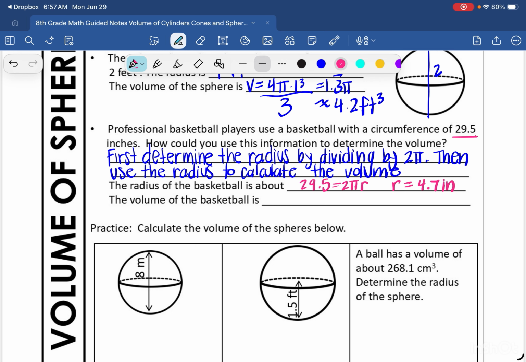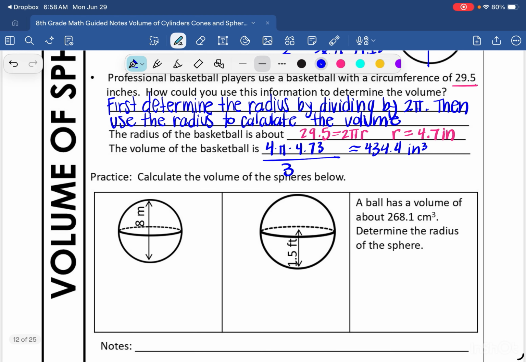I can now calculate the volume by using the formula for the volume of a sphere, which is 4 times pi times my radius, which is 4.7 cubed, divided by 3, and that is about 434.4 inches cubed.